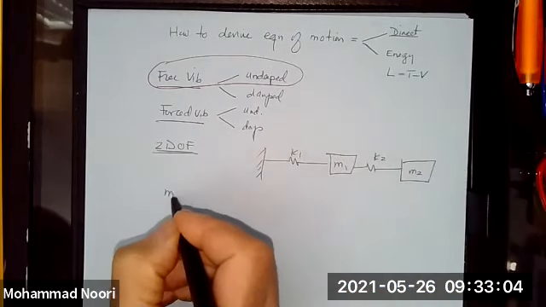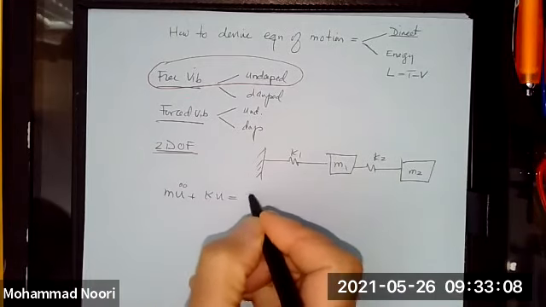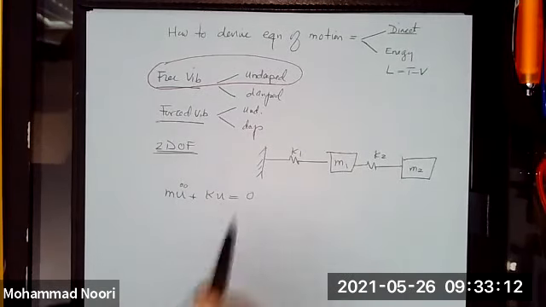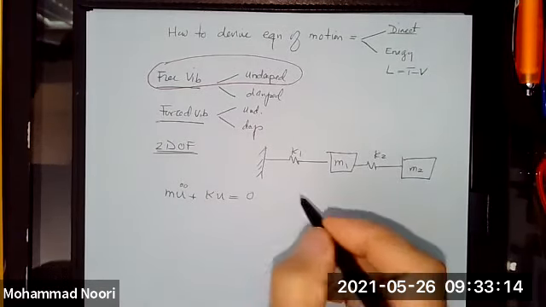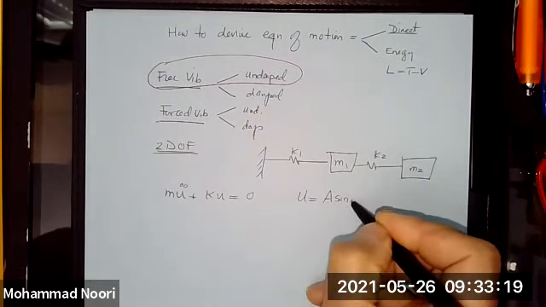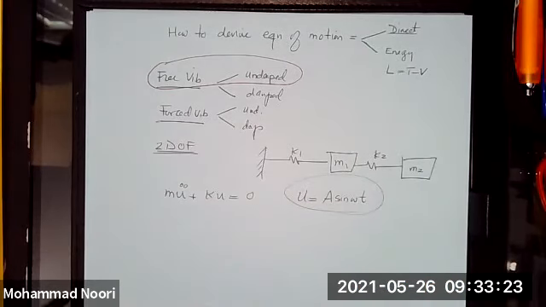In the case of single degree of freedom system, this was the equation of motion. This was a homogeneous second order differential equation. So you assumed U would be of this form, okay?